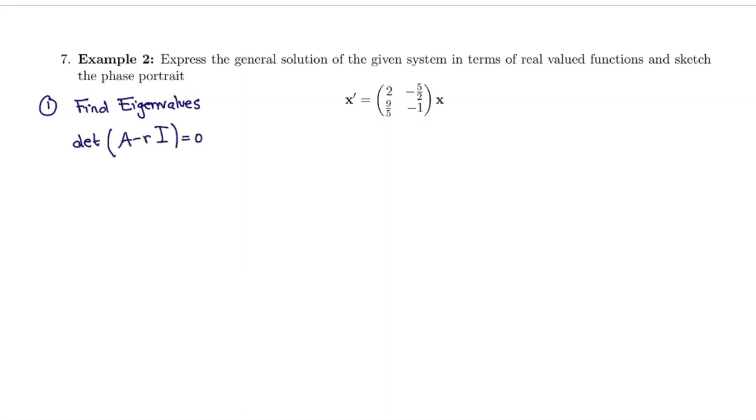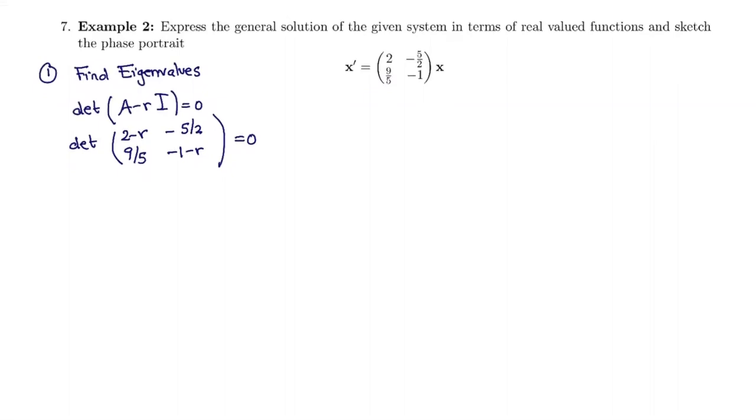It's our characteristic polynomial. So this is now the determinant of not A, but of 2 minus r, minus 5 over 2, 9/5, negative 1 minus r.